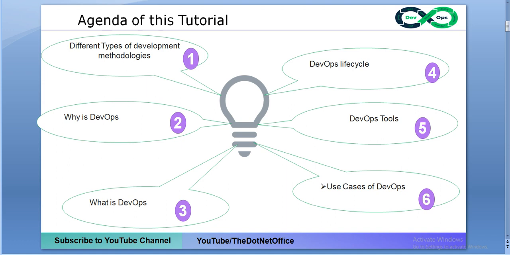After looking at the use of DevOps, we will see what DevOps is, and after that the DevOps lifecycle, then the DevOps tools, and then the use case of DevOps in the real market, like how companies have adopted DevOps in real life. So this is the agenda of this tutorial.